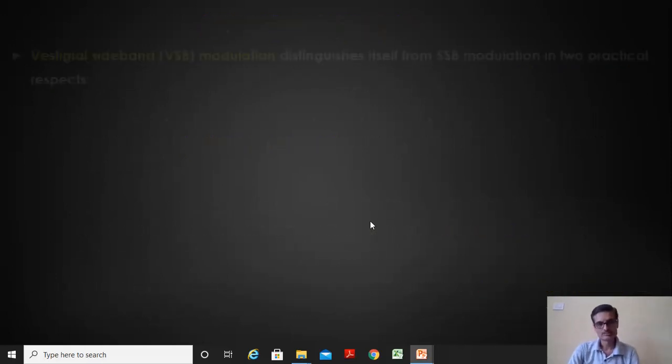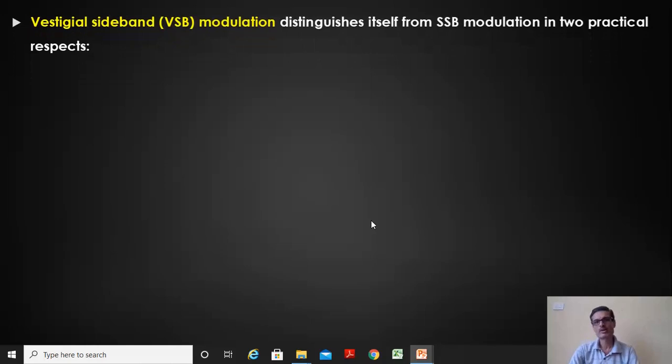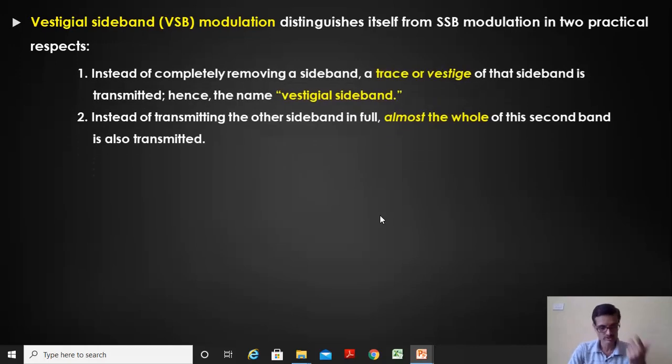Now we can compare vestigial sideband modulation with SSB, and what exactly we do in VSB is what I'm explaining now. We transmit the trace, or vestige, of the other sideband. That's why we call it vestigial sideband transmission.